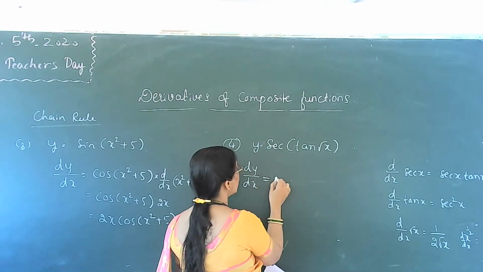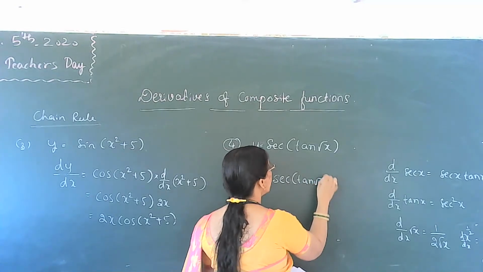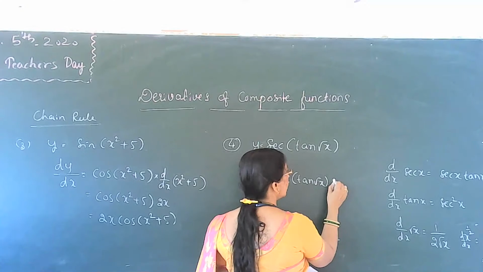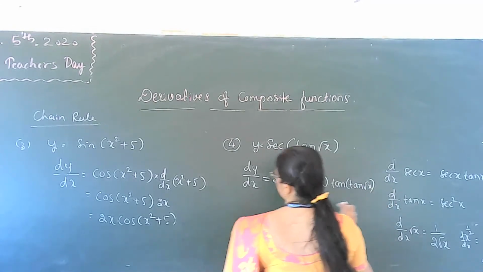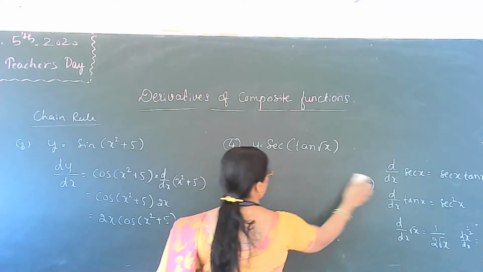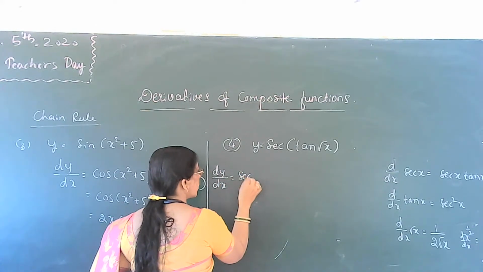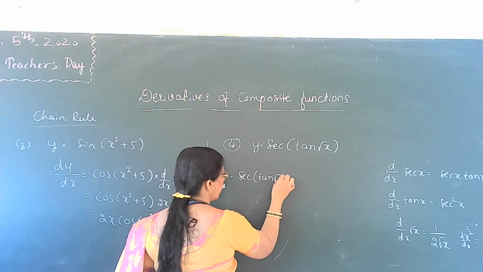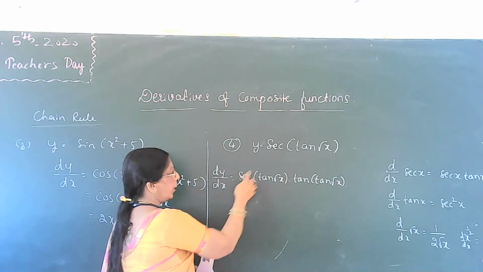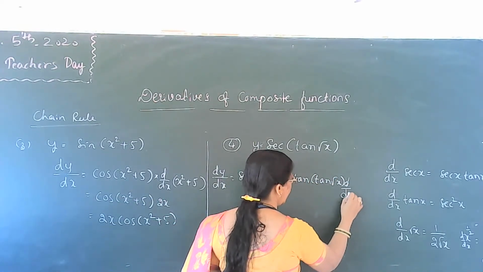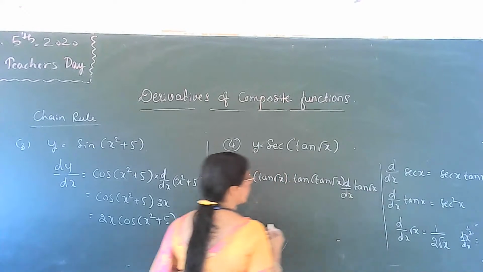Therefore, we write it as dy by dx equal to sec of tan root x into tan of tan root x into d by dx of tan of root x.